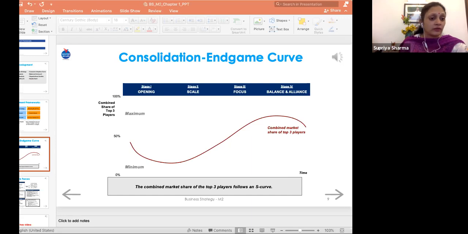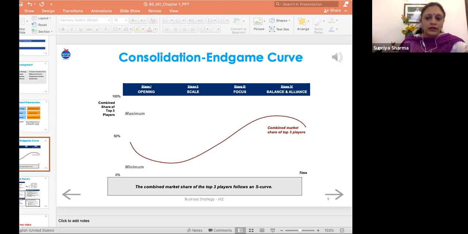Otherwise, they were running into very heavy losses. They were almost on the brink of closing. At least Vodafone was. And that is why they merged, in stage 3 moving to stage 4, when they entered into an alliance with Idea. The Vodafone Idea merger took place.